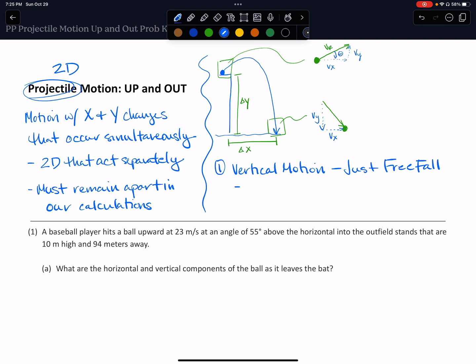We're going to get a changing vertical velocity due to the influence of gravity. So we've got acceleration, and that means that we're going to be using our negative 10 meters per second squared quite a bit.